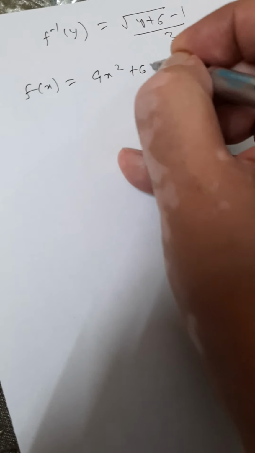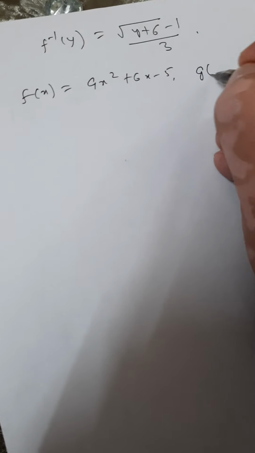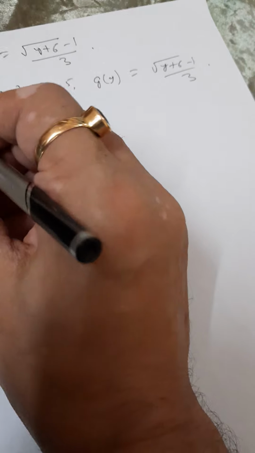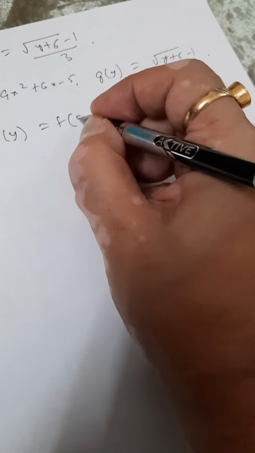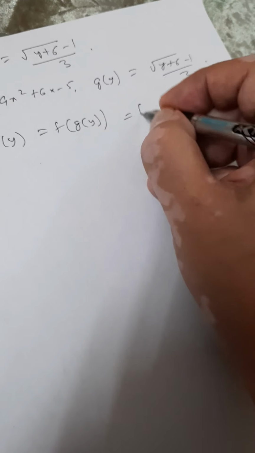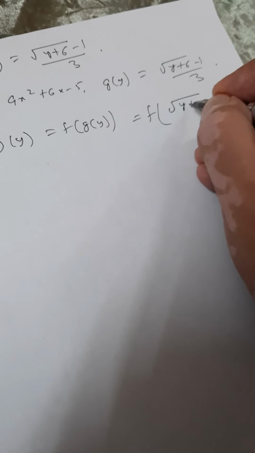Now if we want to apply the method of composite functions, you have f of x is equal to 9x square plus 6x minus 5, g of y is root of y plus 6 minus 1 by 3. So what you have to do is write f of g of y, which is f of root of y plus 6 minus 1 by 3.